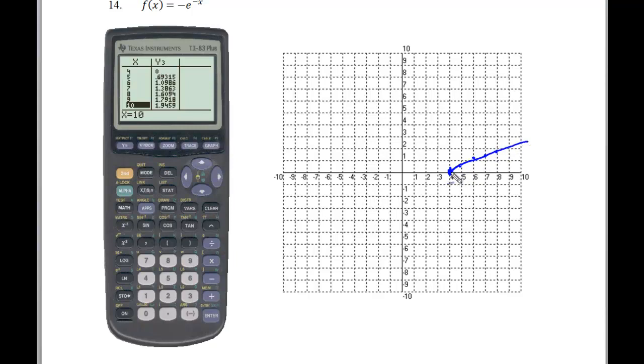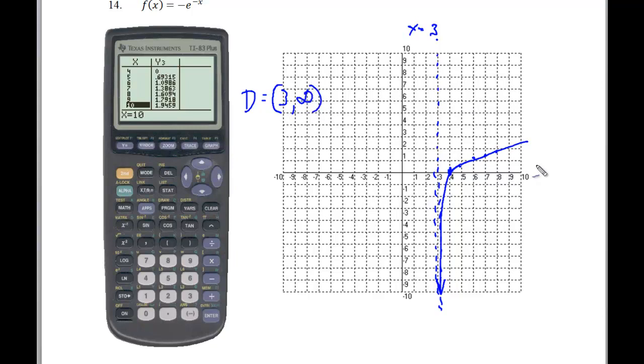But again, as I said, this graph does kind of continue on, and this graph physically got shifted over 3. So there is kind of an asymptote line, which means that this line cannot touch nor cross it at 3 on my x, which means that our domain goes from 3 to infinity.